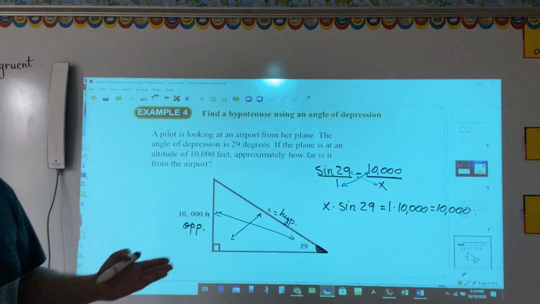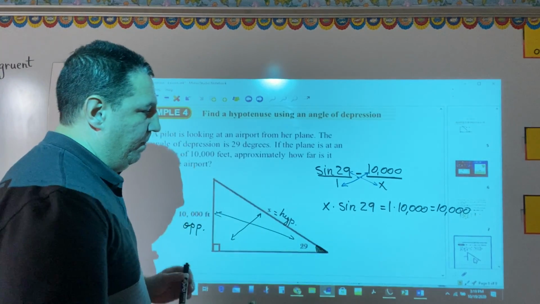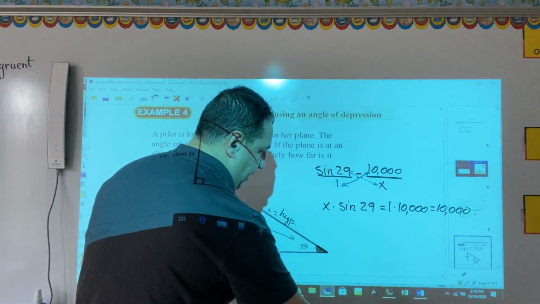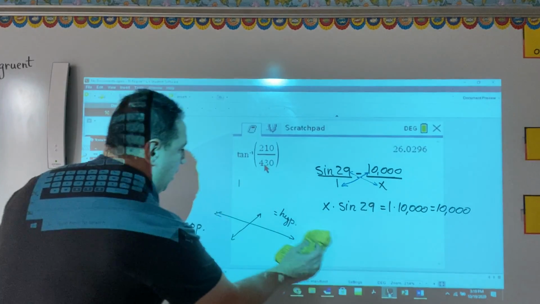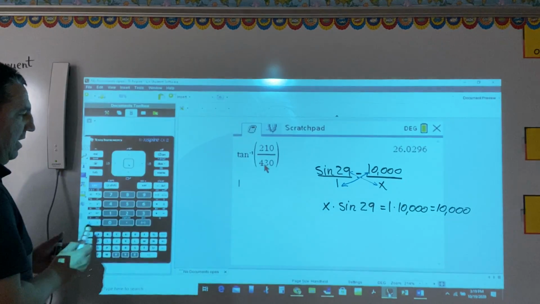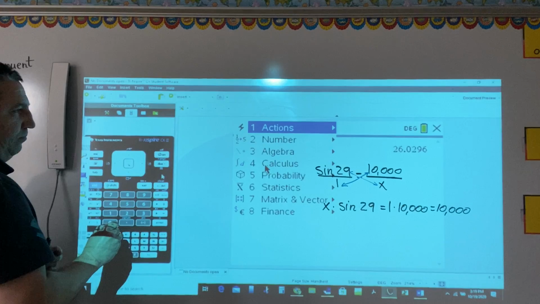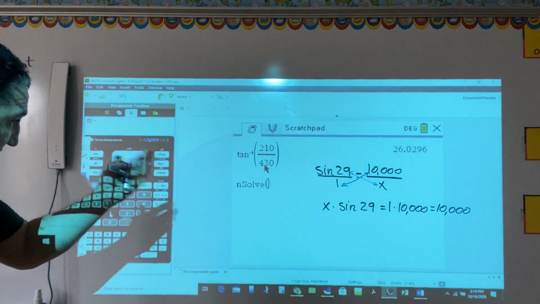Good? So using the calculator, let's find the value of x. In order to solve the equation, we press menu 3, 1, and we type the equation.